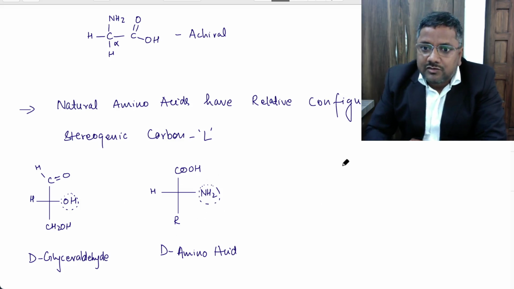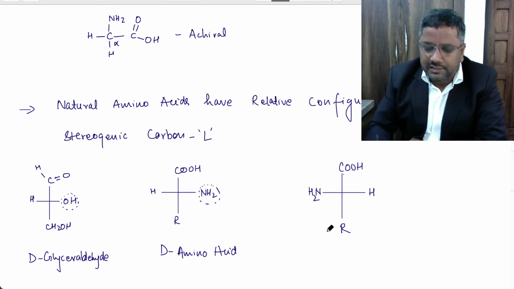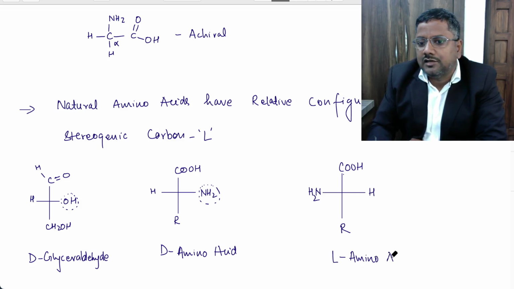The natural amino acid has COOH on top, R at the bottom, and NH2 on the left, H on the right. So this is the L amino acid, and this is natural.